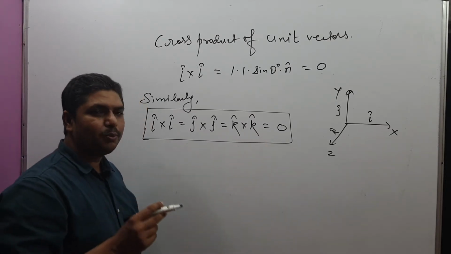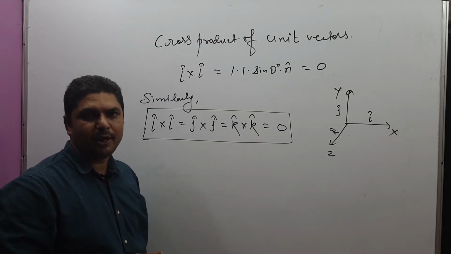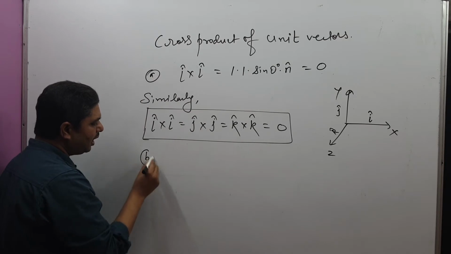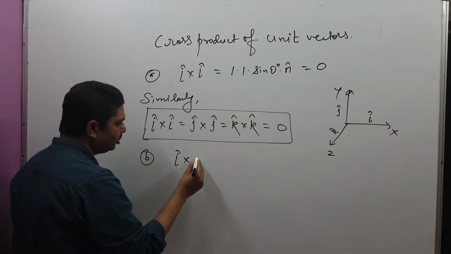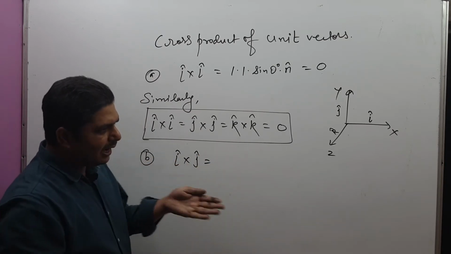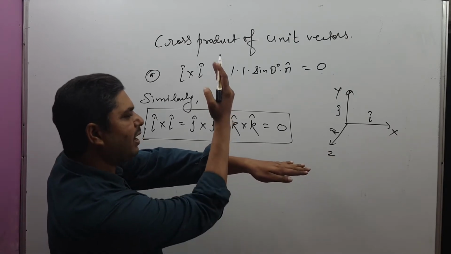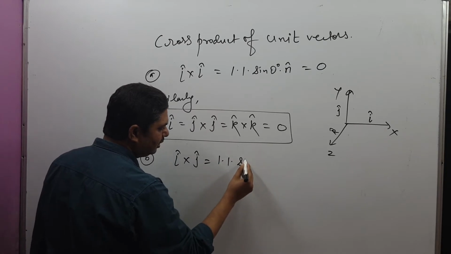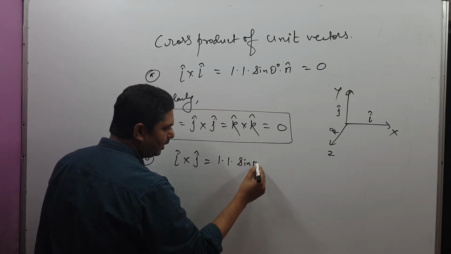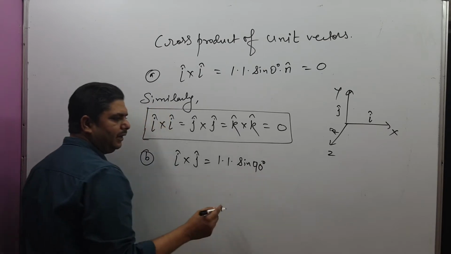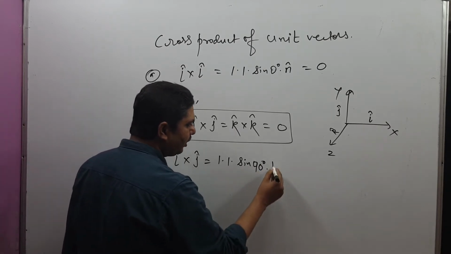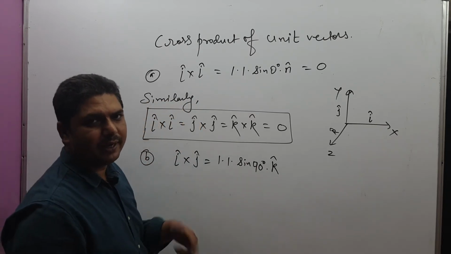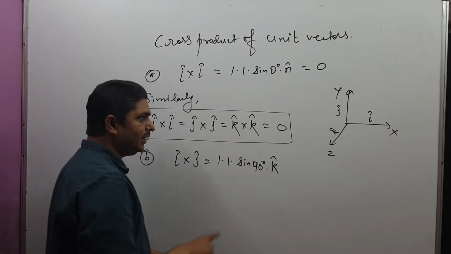Now, cross product of perpendicular unit vectors. So, in second topic, I am taking i cross j. i is along x-axis and j is along y-axis. So, you have 1 sin 90 degree, and k cap is the vector perpendicular. At the place of n cap, I am writing here k cap. Why k cap? Let us see this side.